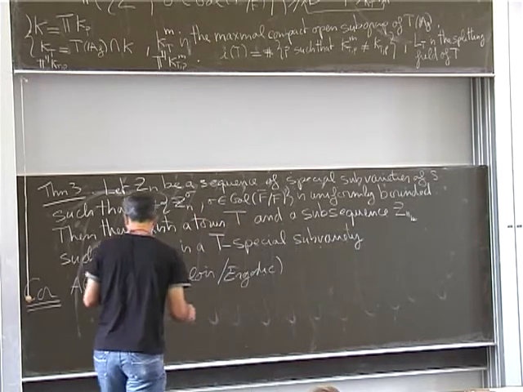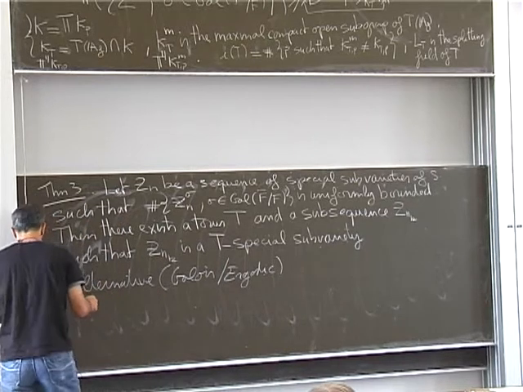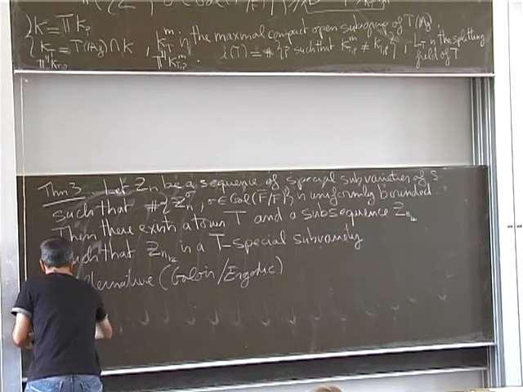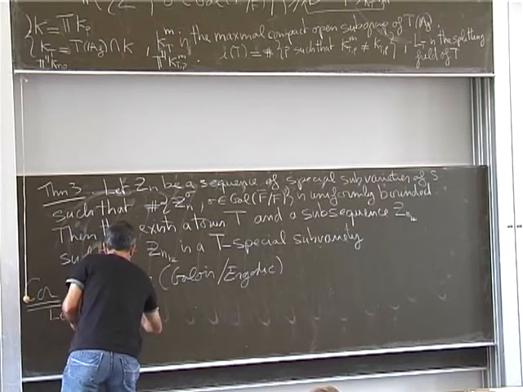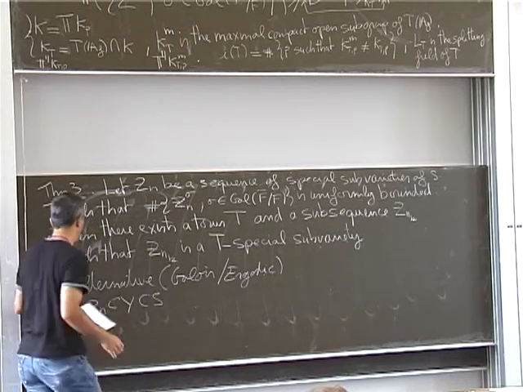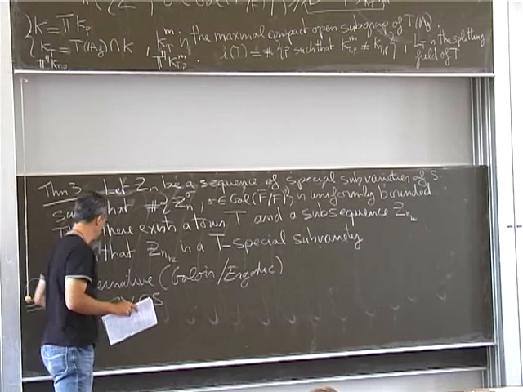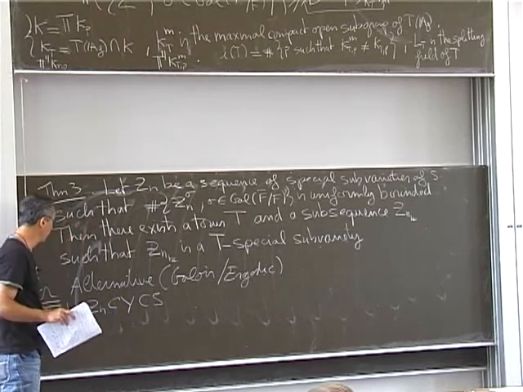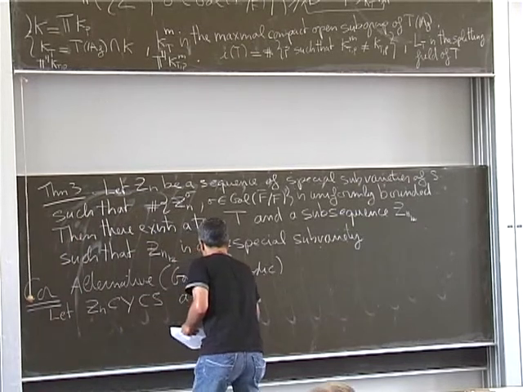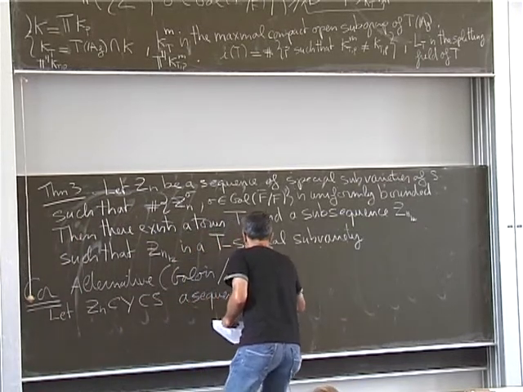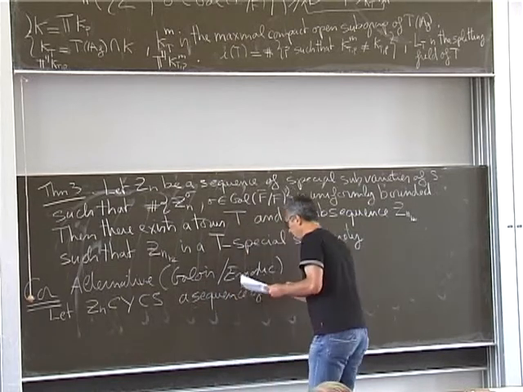So how does it work? You want to prove André-Hort, so you start with, you fix a subvariety Y of your Shimura variety, and you give yourself a sequence of special subvarieties.